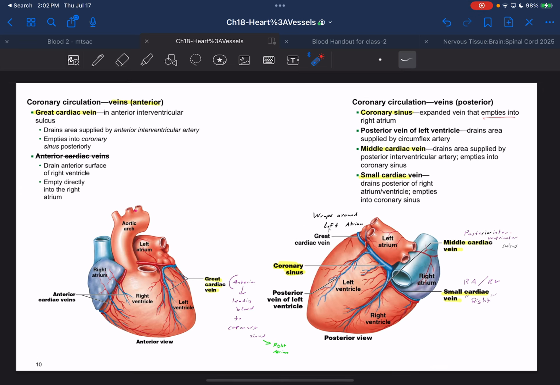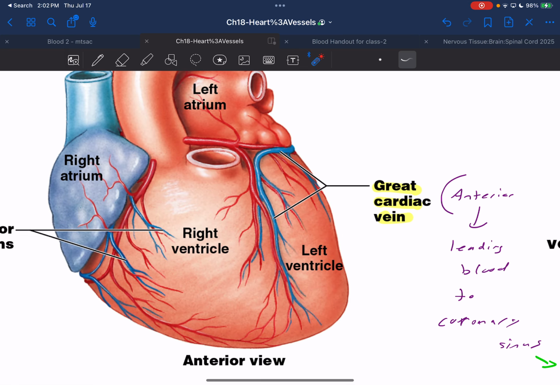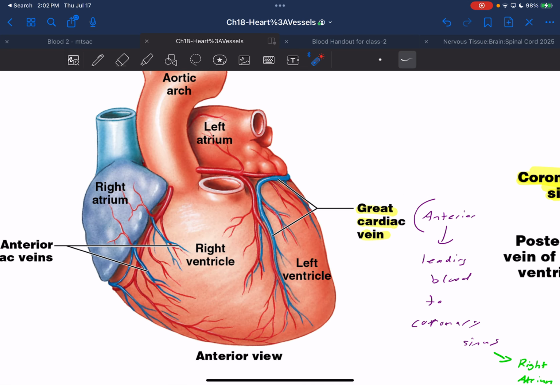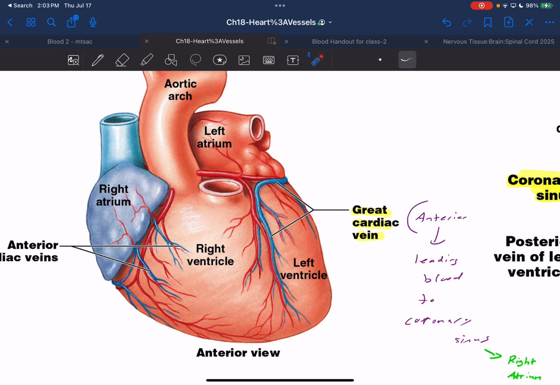And so, we only have three to worry about. We have our great cardiac vein, which can be found on the left side of our photo here. This vein will bring blood back from the anterior interventricular artery. Once the blood gets used up, it will return through the great cardiac vein.